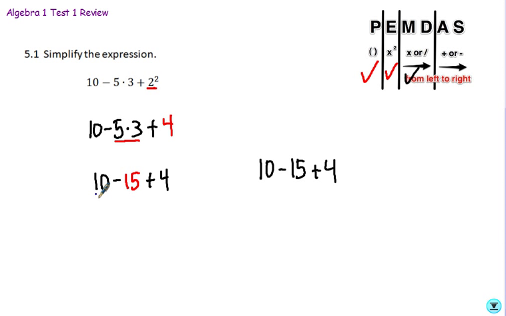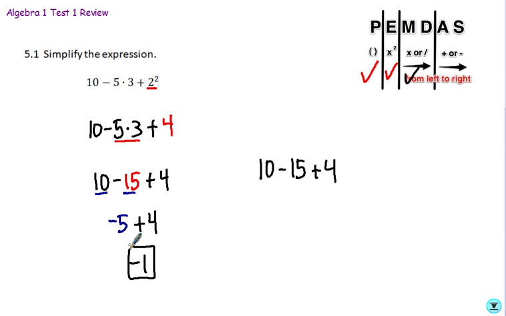So if I looked at those two numbers, 10 minus 15, same signs add, different signs subtract. So 15 minus 10 is 5. Keep the sign of the bigger, so we would say negative 5. And then negative 5 plus 4, combine those two things. Again, different signs subtract. 5 minus 4 is 1. Keep the sign of the bigger, so it would be negative 1.